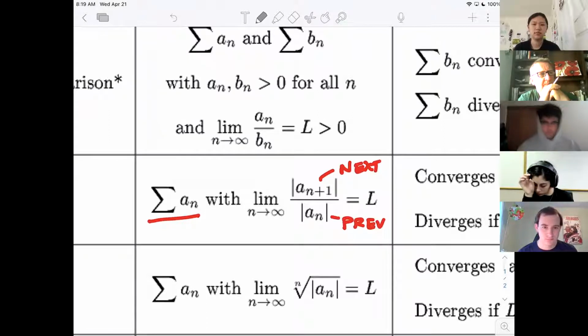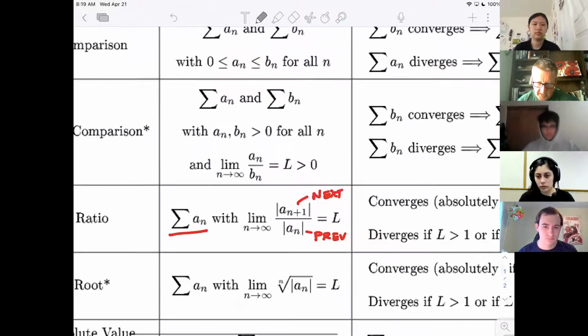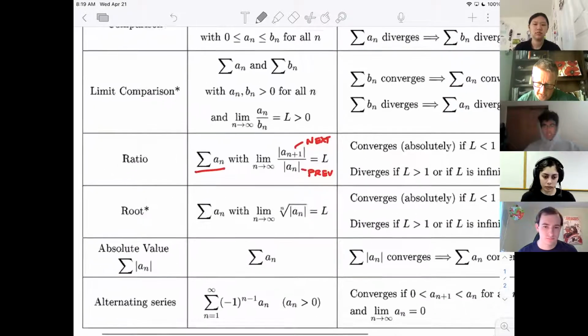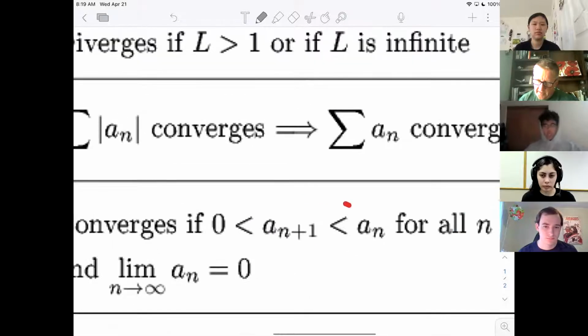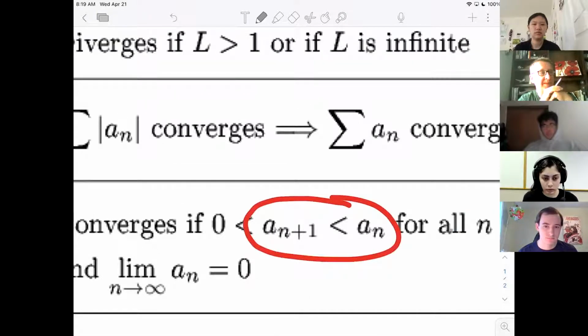Now, generally speaking, as we looked at yesterday, isn't it true that the next term needs to be getting smaller? Each term has got to get smaller, at least after some point.